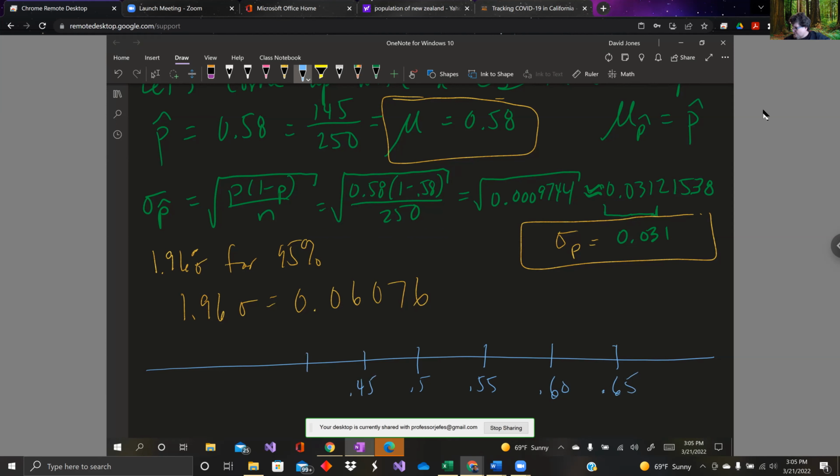I think that's taking away from the visualization here. So I'll just go a little bit away. My 0.58 is right about here.